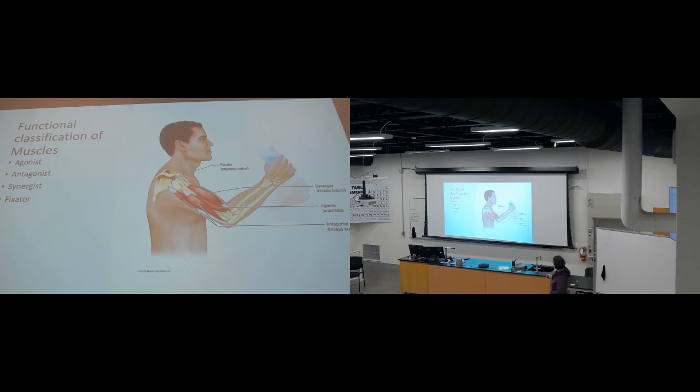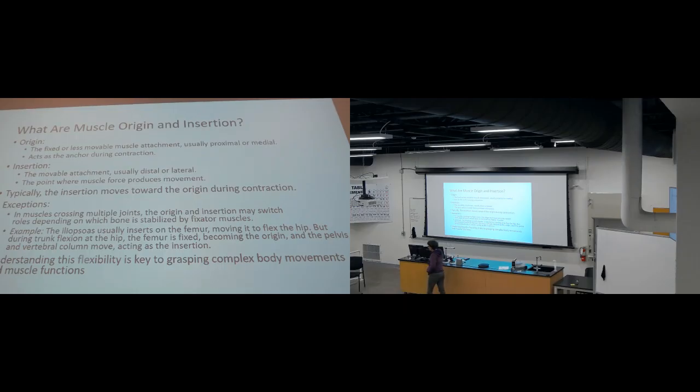Once this person finishes drinking, they will release this effort by contracting the triceps brachii. So that's the antagonist. Questions?